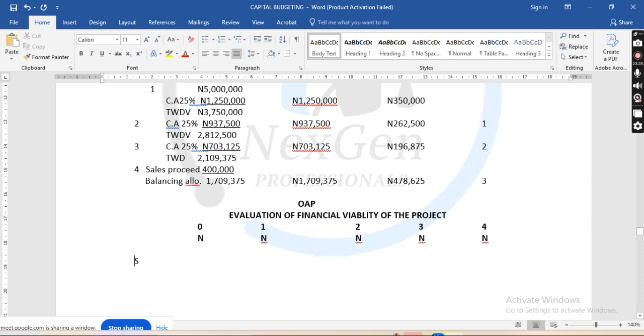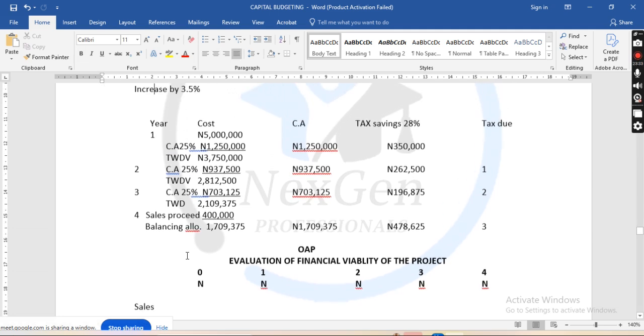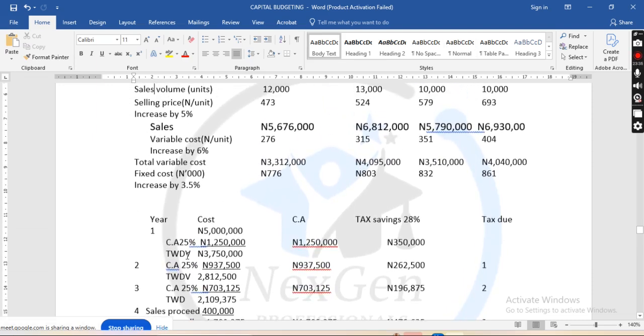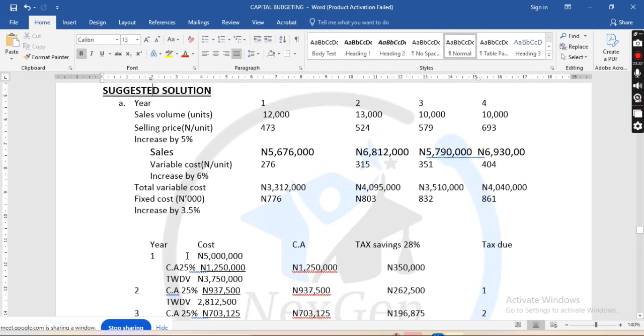So now the next one is the sales, right? I'm seeing some people are using profit after tax. Your capital project is cash flow, it does not make use of accounting profits. So when you deduct variable costs from sales, you don't say profit before tax.